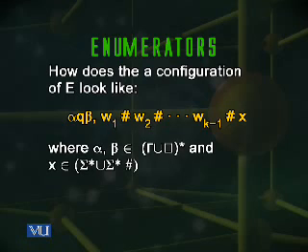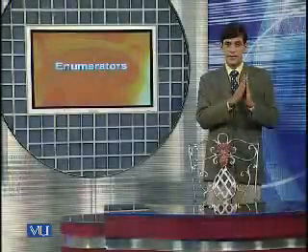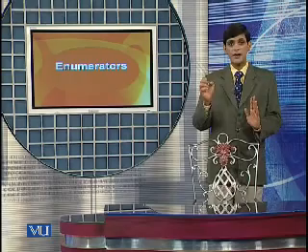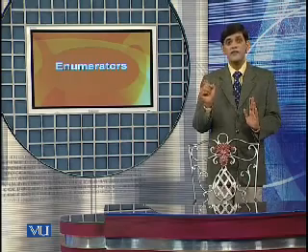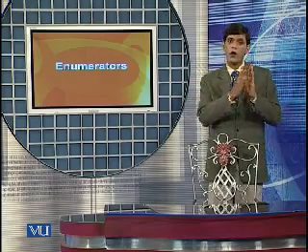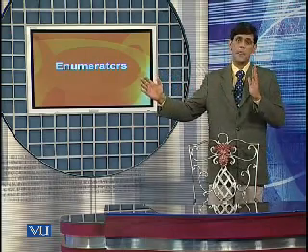Essentially what we are saying is, you have to tell me what is written on the work tape, which state the enumerator is in, what is the current work symbol that it's reading, followed by what are all the contents at the output tape.